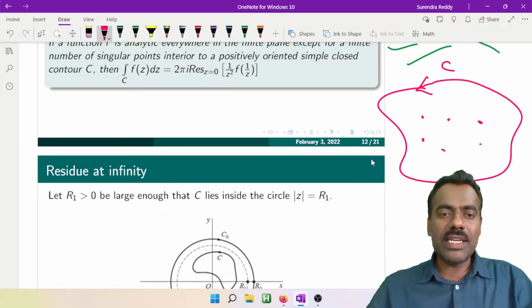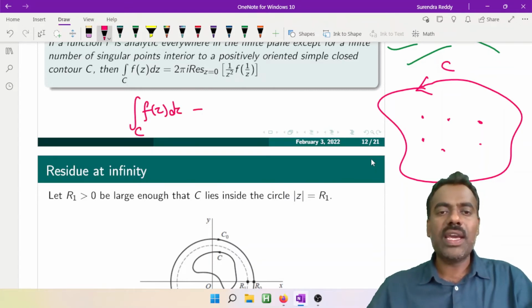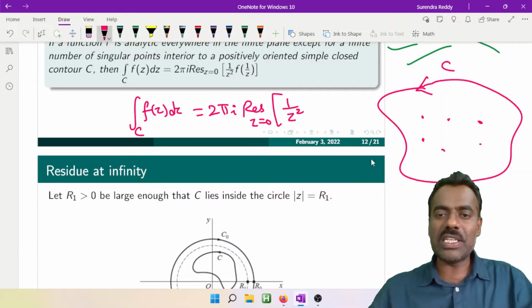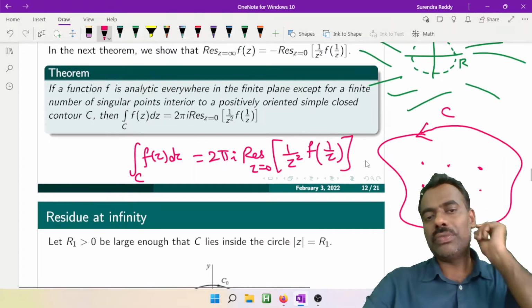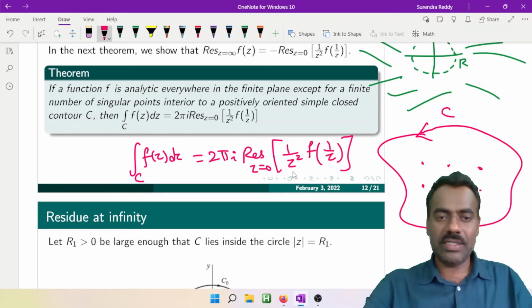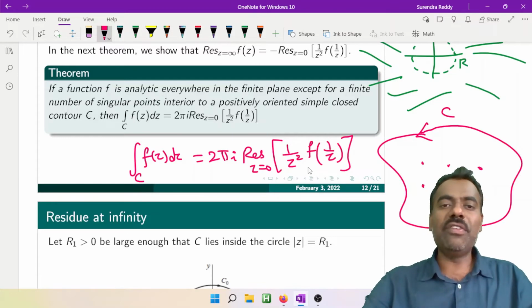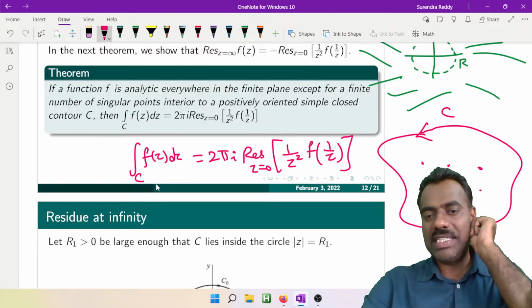Here, this integration of f of z dz over C is 2 pi i into a single residue, evaluated at z equal to 0, but of a new function which is 1 by z square into f of 1 by z. So what we can see right straight away is the difference between the Cauchy residue theorem and this one: this simplifies the integration easily.